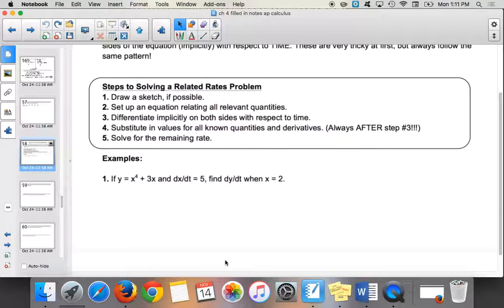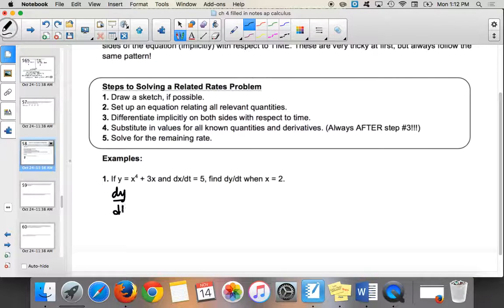So when I take the derivative of y, it's dy over dt, not dy over dx. And the derivative of x to the fourth is going to be 4x cubed dx over dt. So every single thing is going to get a dt. And then the derivative of 3x is 3 dx over dt.